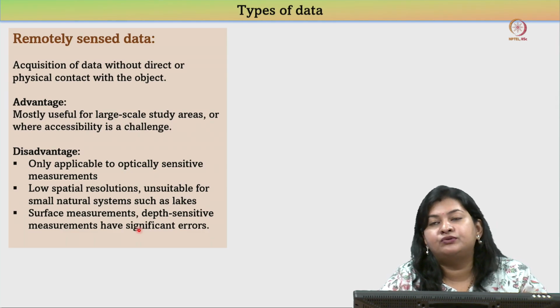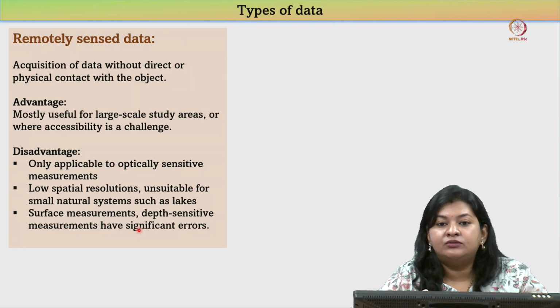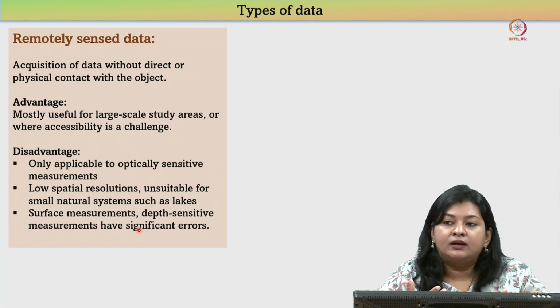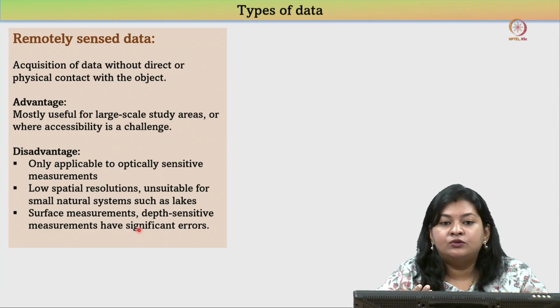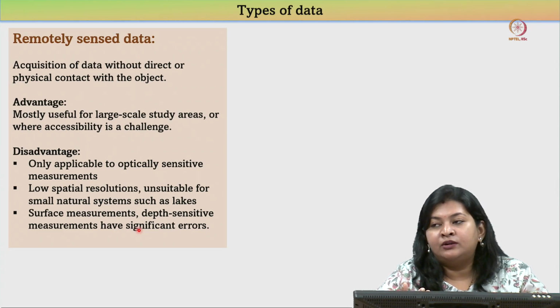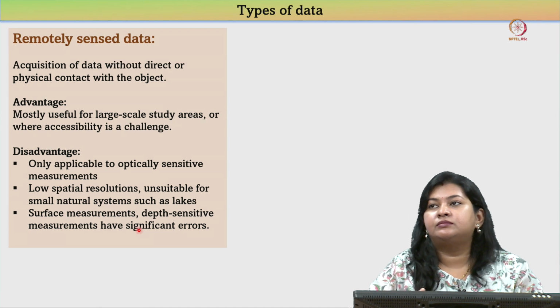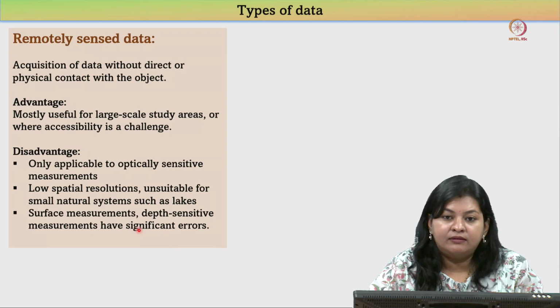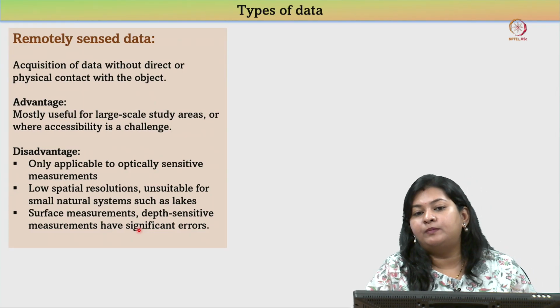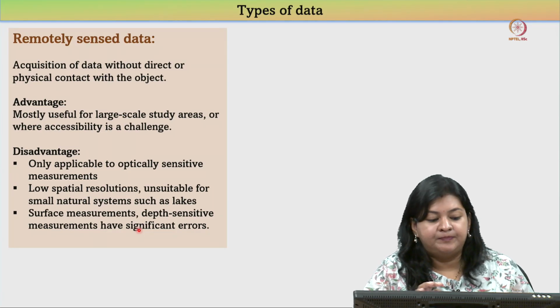Suppose there is a lot of loose material, soil, then those kinds of measurements have a lot of error in them. So, matching it back, calculating it back and finding out the errors can become a little bit problematic with the remotely sensed data sets.